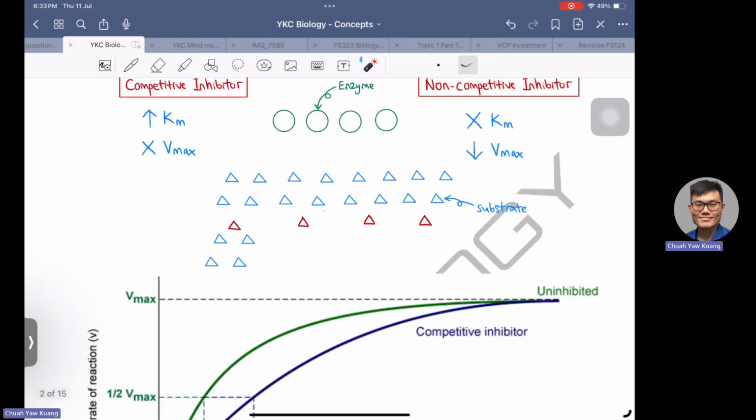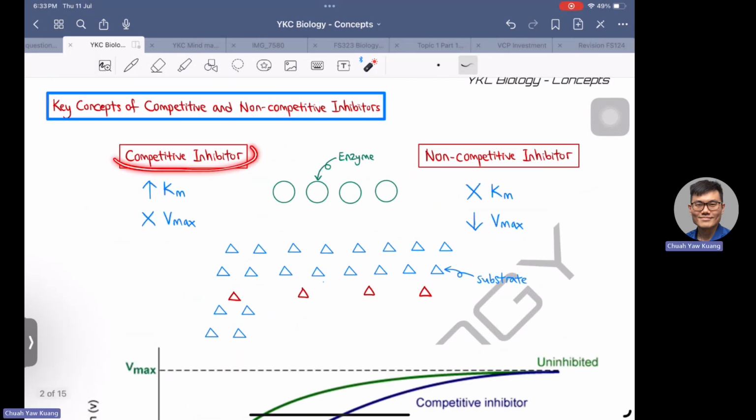So that is why the competitive inhibitor will increase the Km. But the competitive inhibitor will not affect the Vmax of the reaction. Vmax means the maximum rate of reaction.